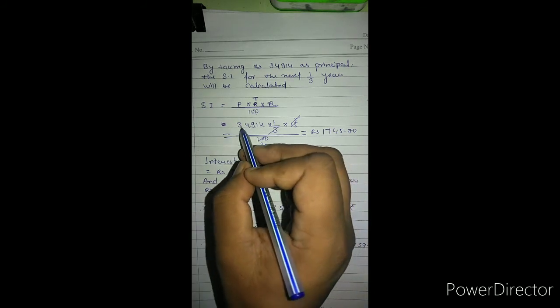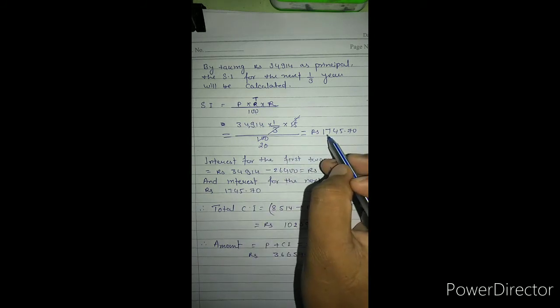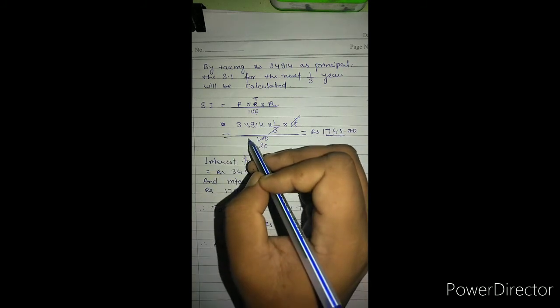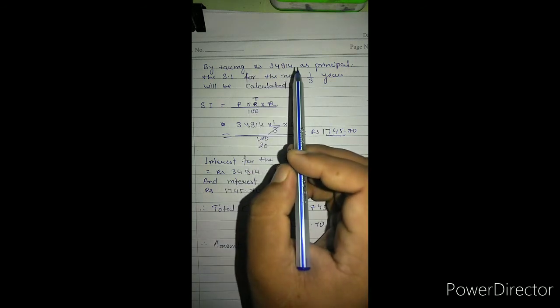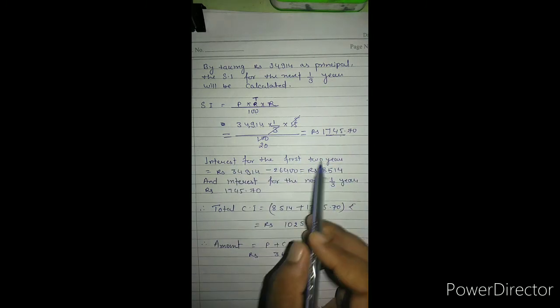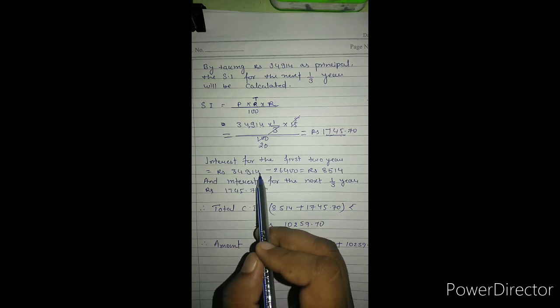It means when you divide 34,914 by 20, you will get 1,745 rupees 70 paise. It is the simple interest. It means it is the interest on 34,914 rupees.